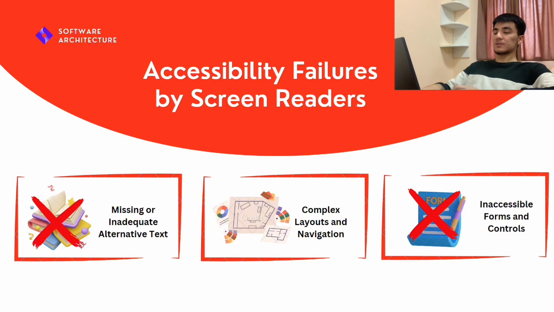While a screen reader comes as an assistive technology to help disabled people, web applications do not support screen readers because, due to the accessibility failures, screen reader users cannot use this assistive technology properly.